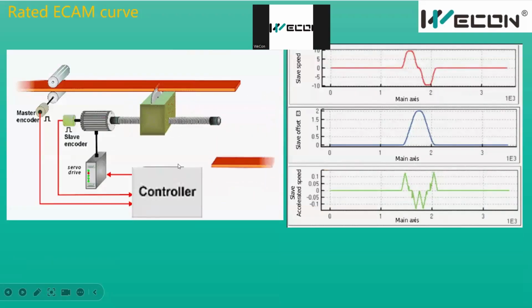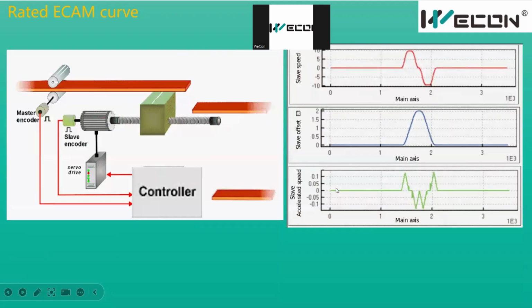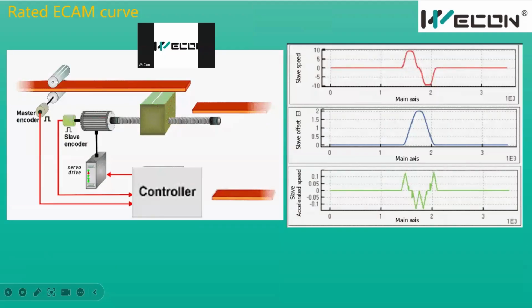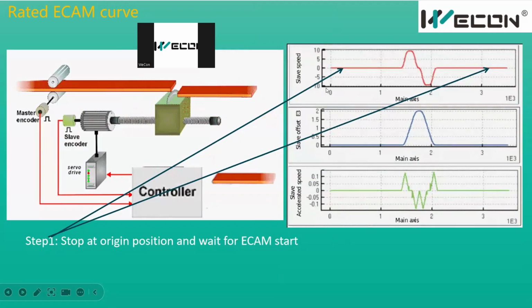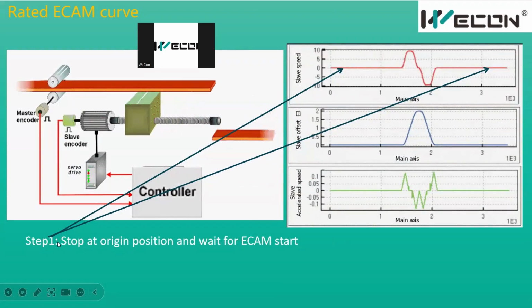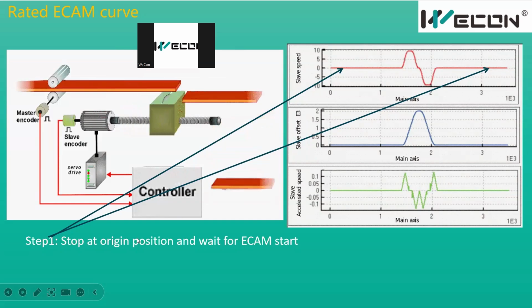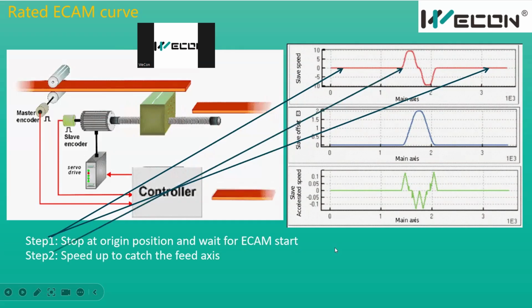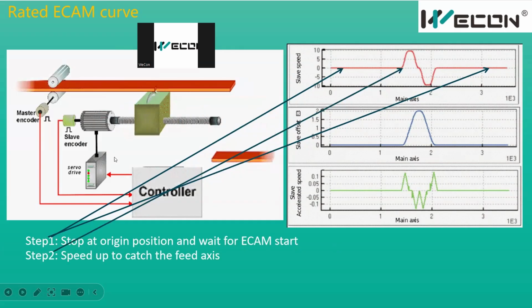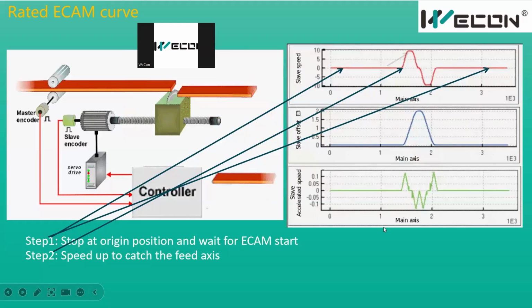Okay, and this is the flying cutting. Step one, the cutter will stop at zero position and wait for ecam start. Step two, the cutter will speed up to catch the feed axis from this point.